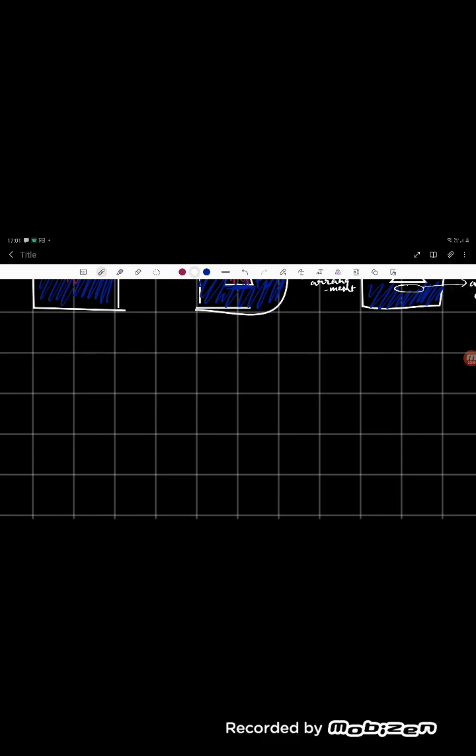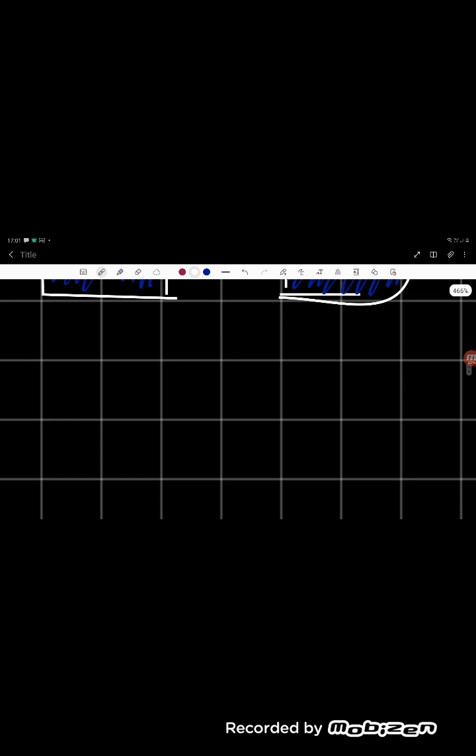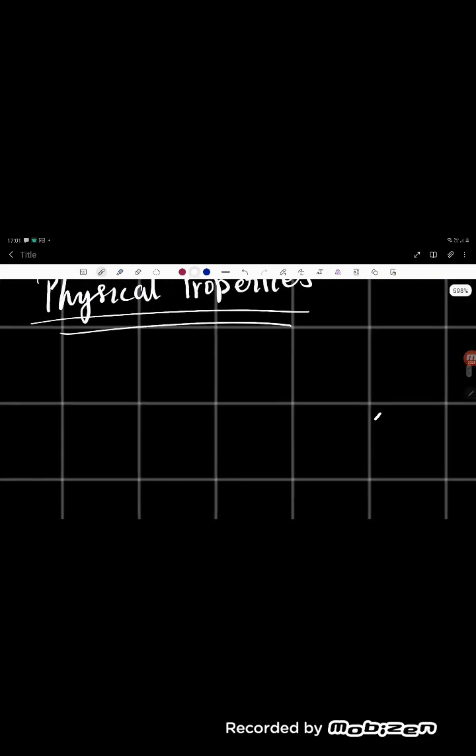And let's talk about the properties. Again we'll start off with physical properties, which are always fewer in comparison. It is similar to HCl, so let's look at it.